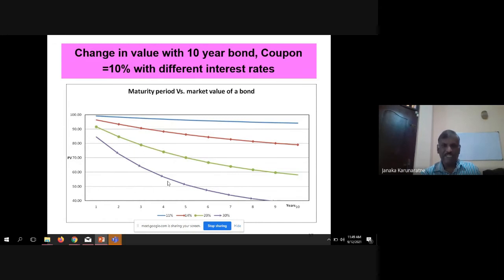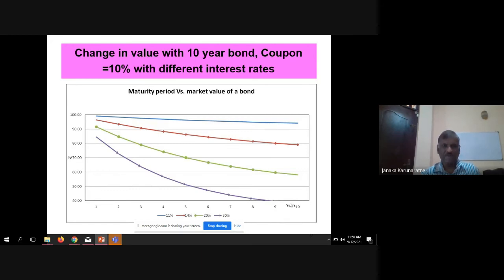So at 11%, this is the change, because of the interest rate structure for different years. This is how the price of a bond moves whenever your maturity is 1 year, 2 year, 3 year, and so on.